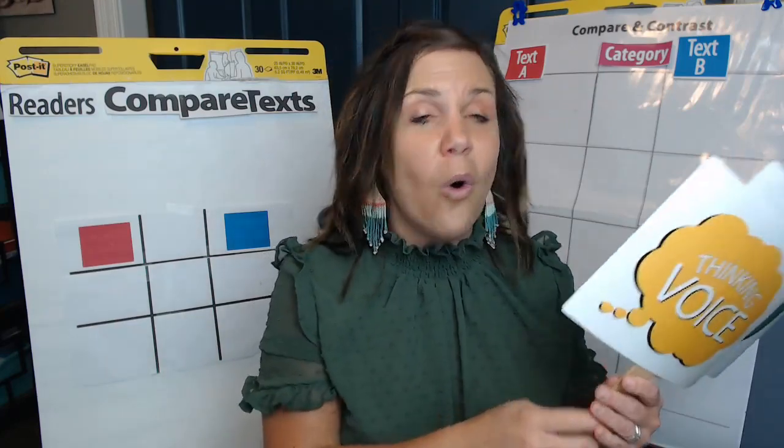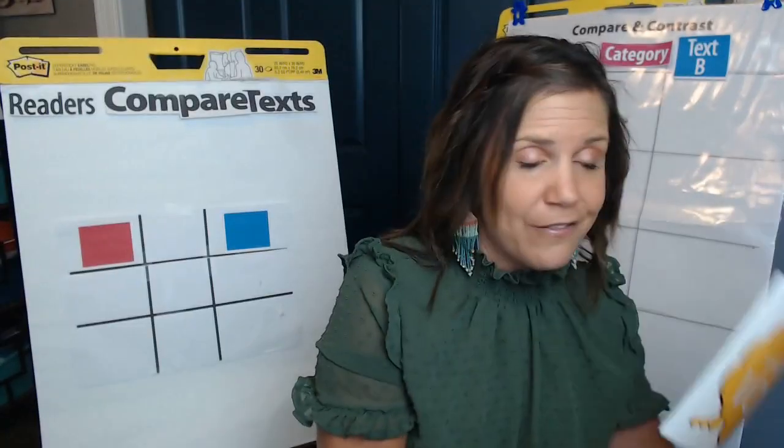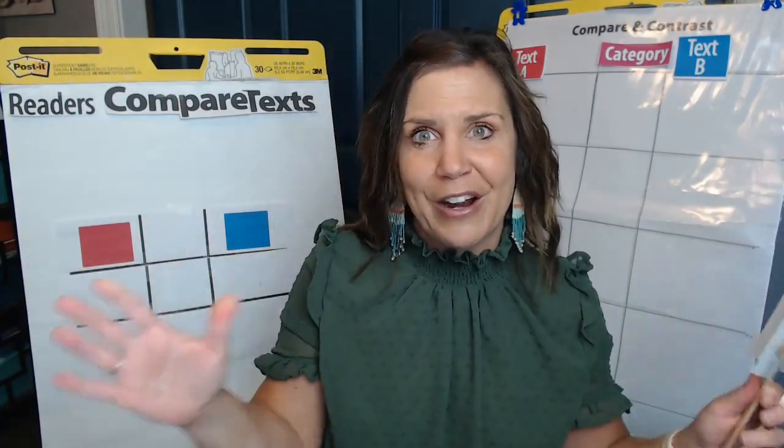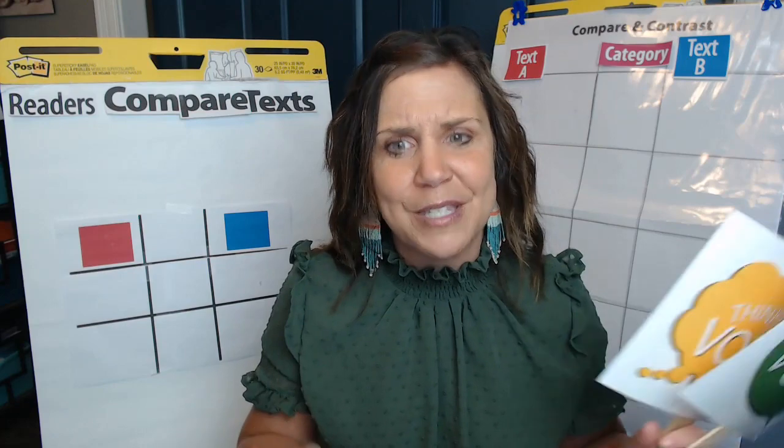No, that would get too confusing for a reader. We need to read the whole text, read the whole thing and use our thinking voice and finish that book, and then read another book and use our thinking voice all the way through that book. Then you can compare and see what was the same and what was different.